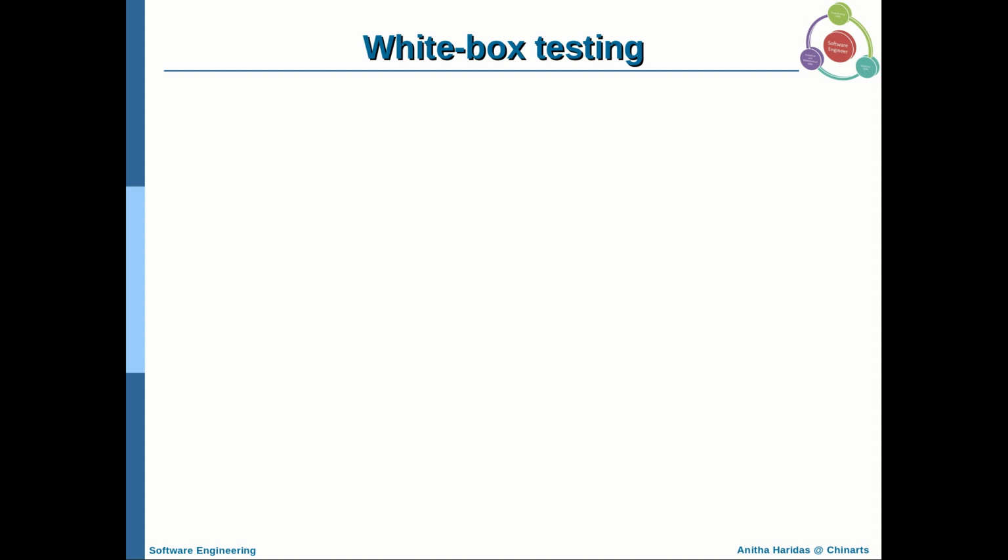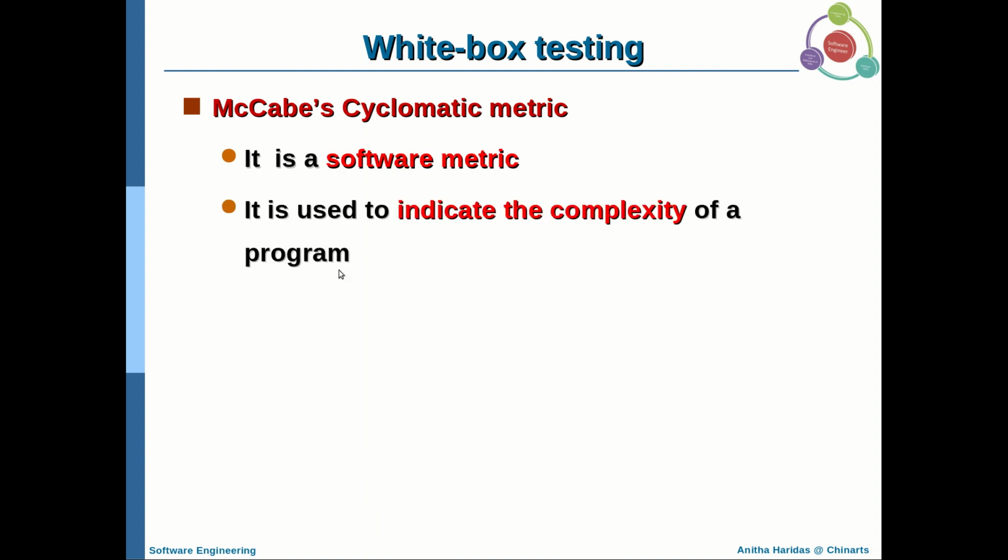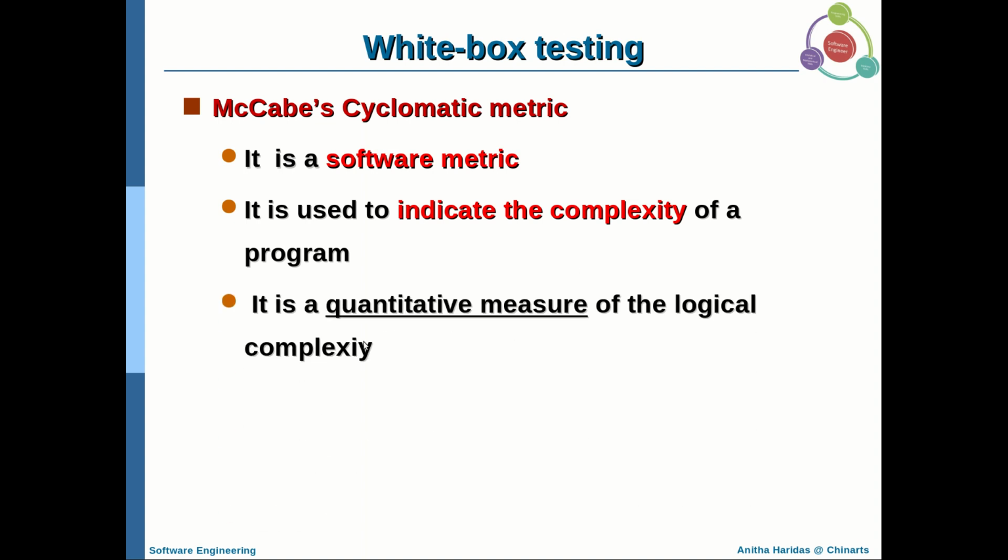Now, the cyclomatic complexity was actually introduced by Thomas McCabe. That is why we call it McCabe's cyclomatic metric. It is a software metric and it is generally used to indicate the complexity of a program. It can also be called a quantitative measure of the logical complexity.